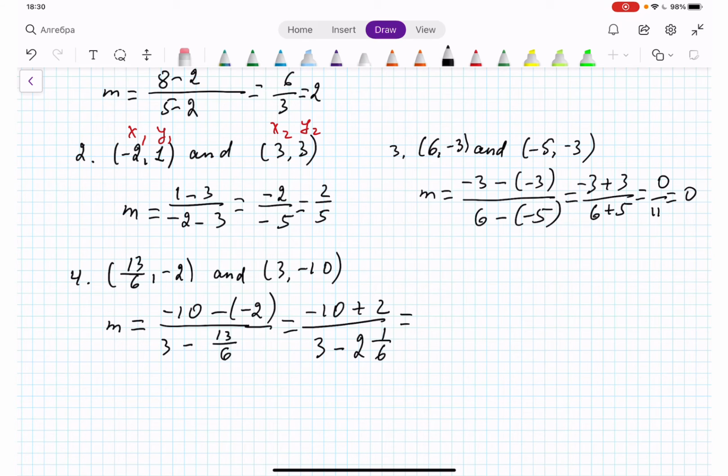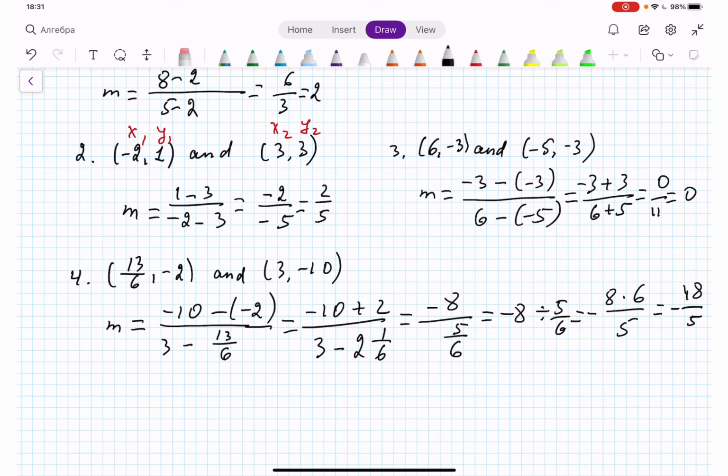So negative 10 plus 2 is negative 8. 3 minus 2 and 1/6 is equal 5/6. And we have negative 8 divided by 5/6, and that's equal negative 8 times 6 divided by 5. And we get negative 48 over 5.